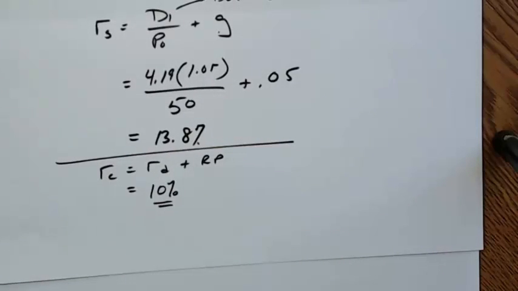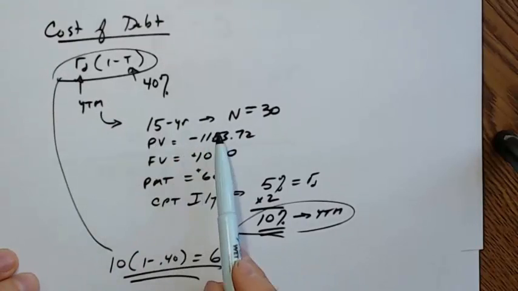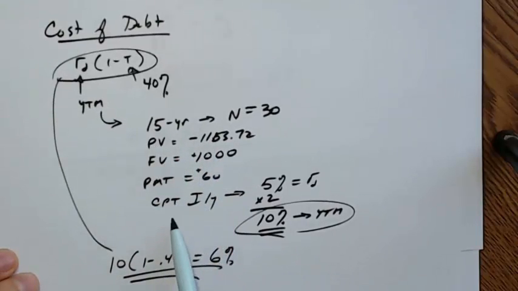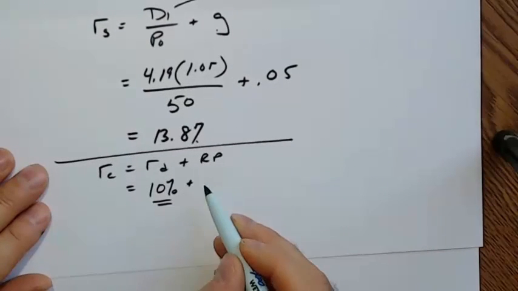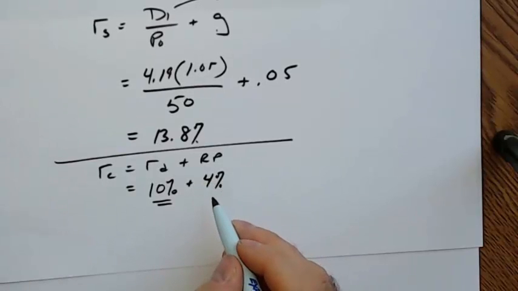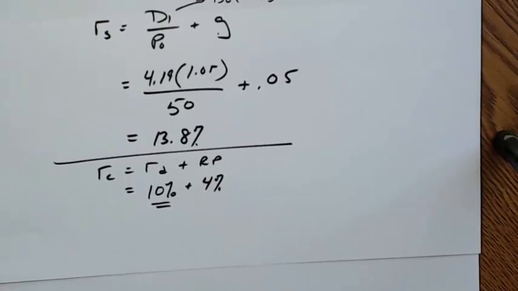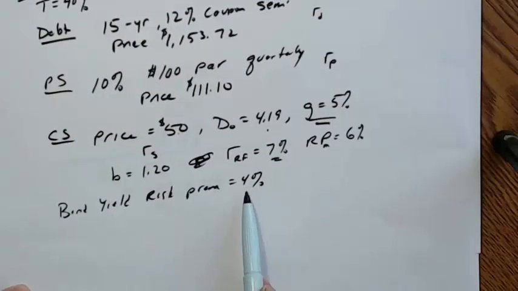We calculated that way back using the financial calculator. We calculated, there it is, 10% for the yield to maturity of the bond. And the risk premium is 4% here as given. And so the risk premium given way back here, the bond yield risk premium was 4%.